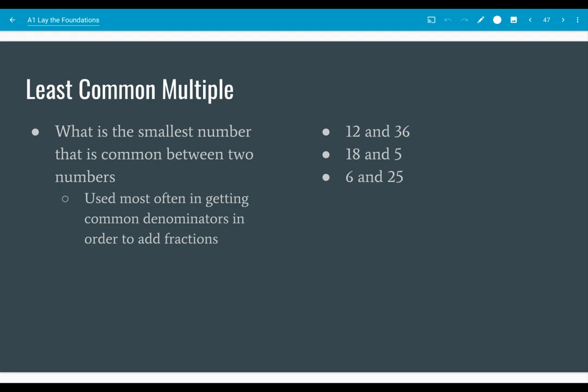Okay, now we've looked at greatest common factor, which is used to simplify. Now we're going to look at least common multiple, which generally we used in getting common denominators. So we're generally getting bigger, not always. So the least common multiple, a couple things to note. Multiple cannot be smaller than your starting numbers.